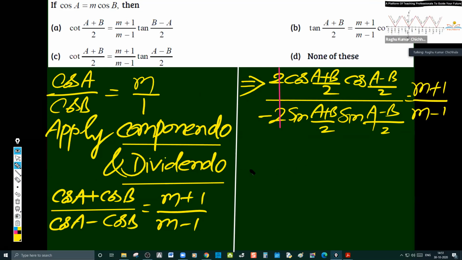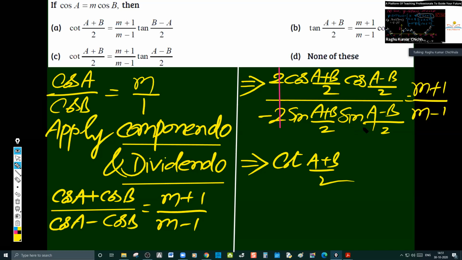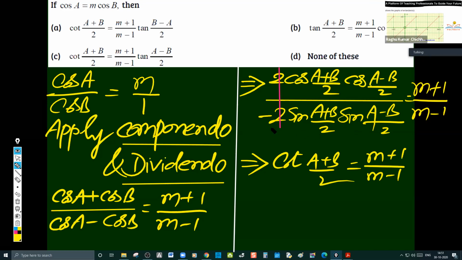Just tell me what is to be written and what should be your option. It is given in terms of tan and cot. So if you write this is cot of A plus B by 2, these two. Correct? And bring them to the other side. And this will become m plus 1 by m minus 1. And this you send this minus inside this.